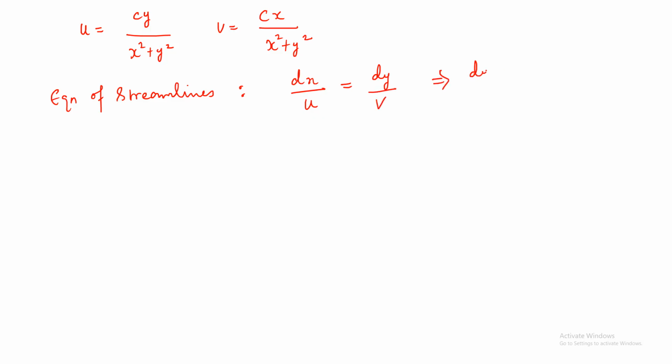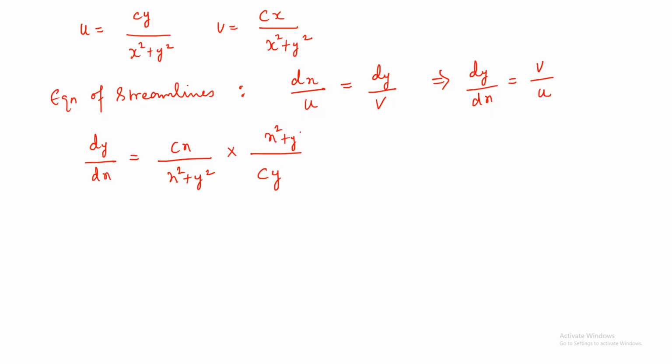So this gives us dy/dx = v/u. Let's substitute the values of v and u: dy/dx = [cx/(x² + y²)] × [(x² + y²)/cy].